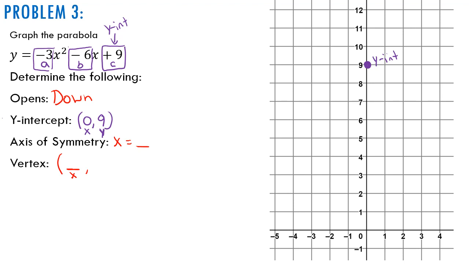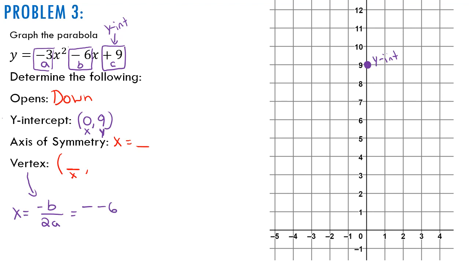So we're going to go back to the Algebra 1 days where you were told a formula. It was called x equals negative b over 2a. This lets you find the x part of the vertex. Therefore, it would also let you find the axis of symmetry. So our negative b is in the formula. You can see up here in the equation, our b is a negative 6.